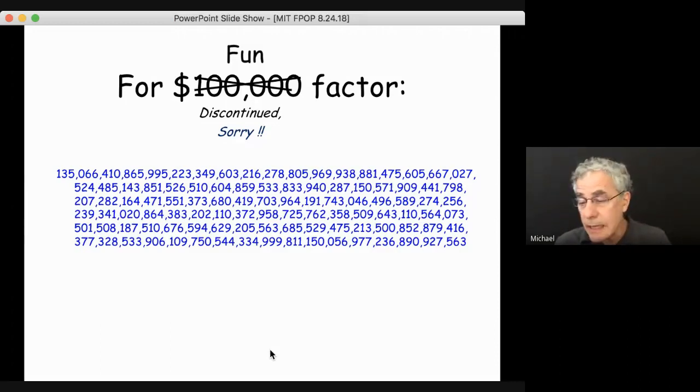Okay, so why were these prizes being offered to factor? Well, because, as some of you may know, the factoring problem is related to this encryption method called the RSA code.